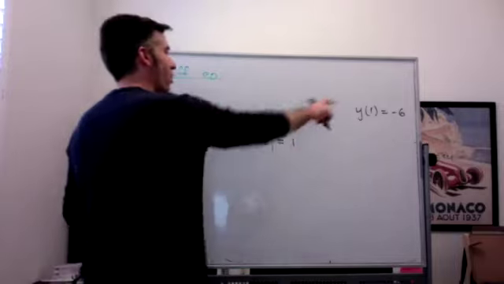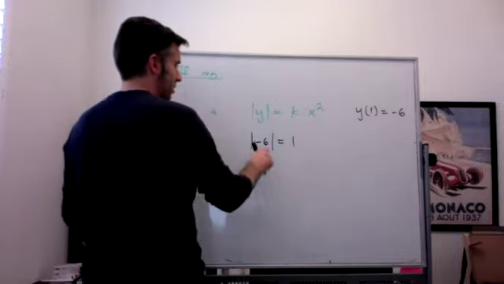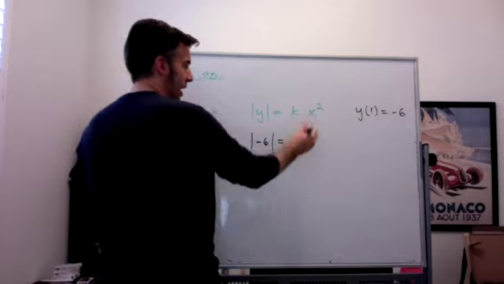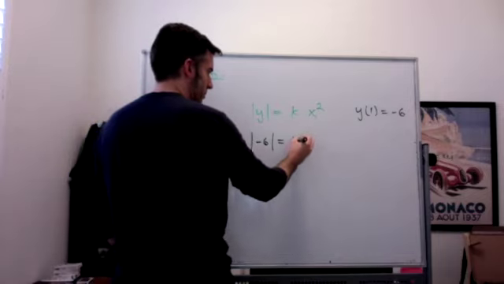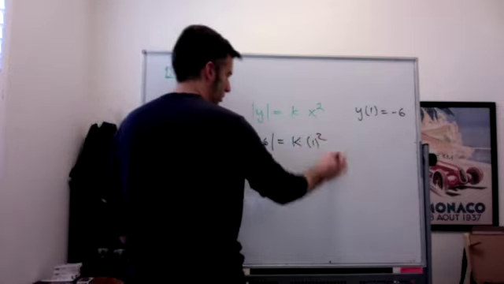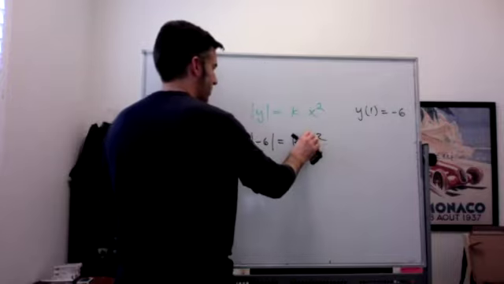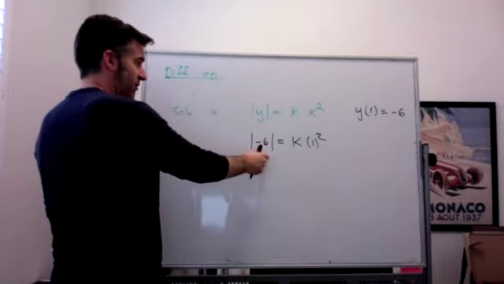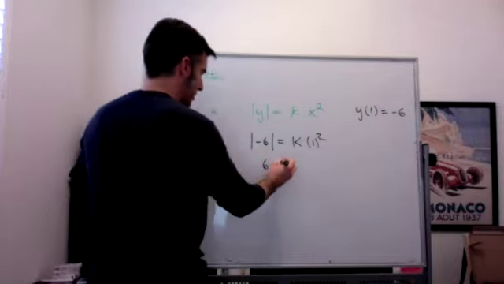So let's say y of 1 equals -6. So y is -6 and x is 1. So k times 1 squared. The absolute value of -6 is 6. So 6 is equal to k.